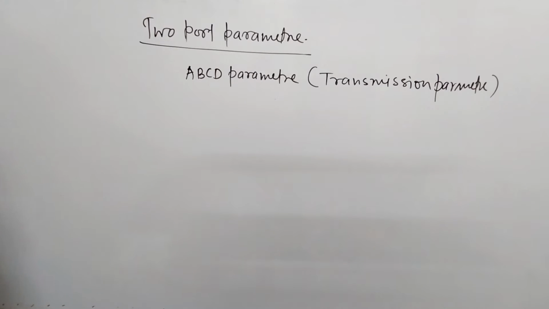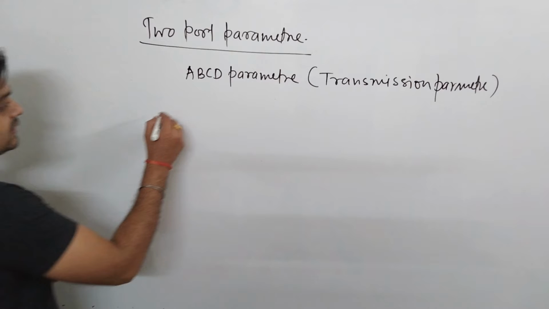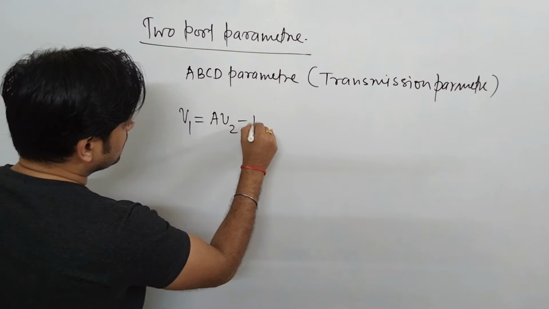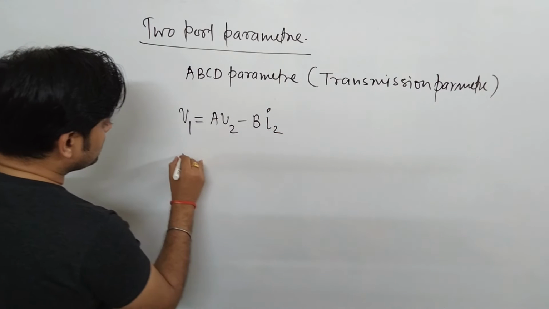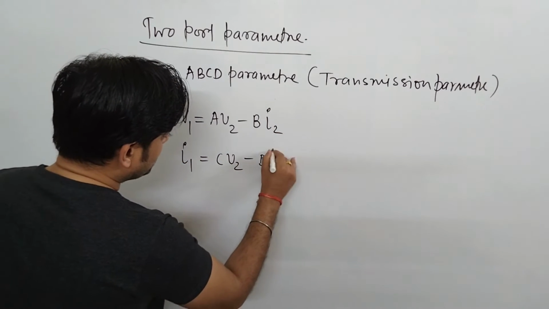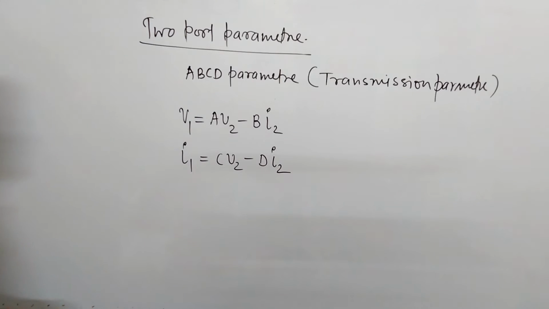But here we will understand the question pattern and what the parameter equations are, so that it is applicable in the form of networks. So basically this equation is given by V1 is equal to AV2 minus BI2 and I1 is equal to CV2 minus DI2.